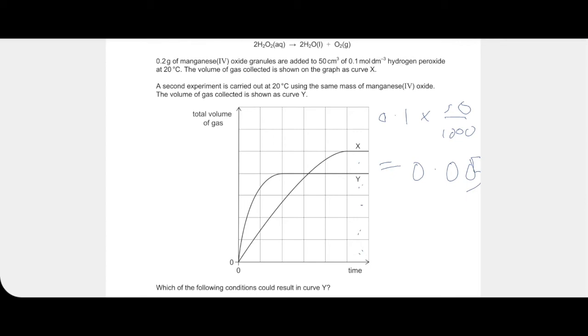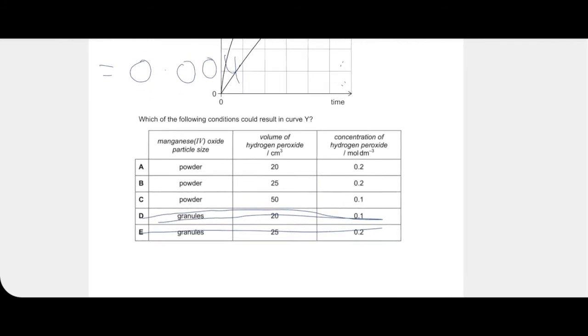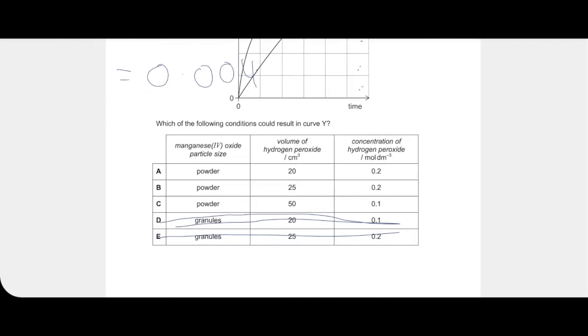Therefore, Y produces 4/5 the amount of moles of oxygen as X, so that applies to the hydrogen peroxide. So 0.005 times 4 over 5 is equal to 0.004.